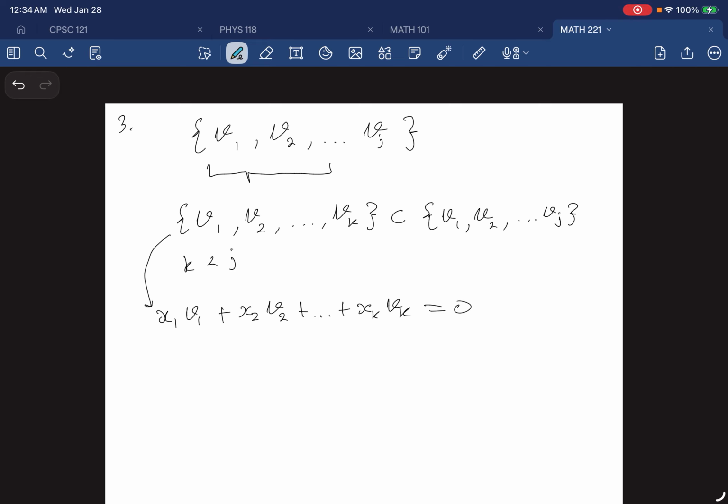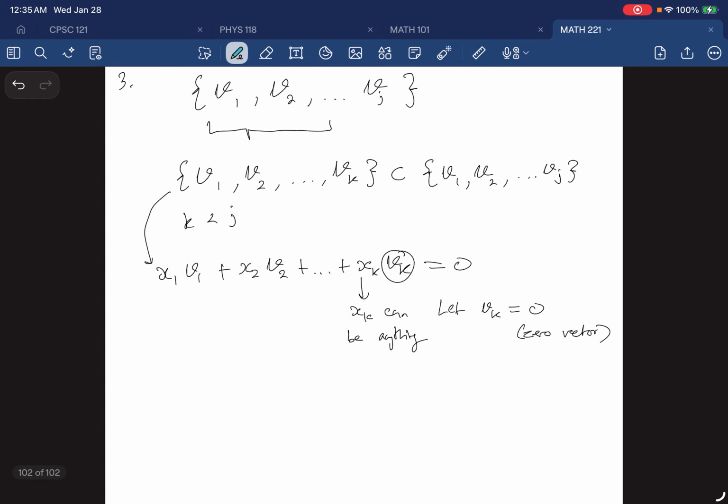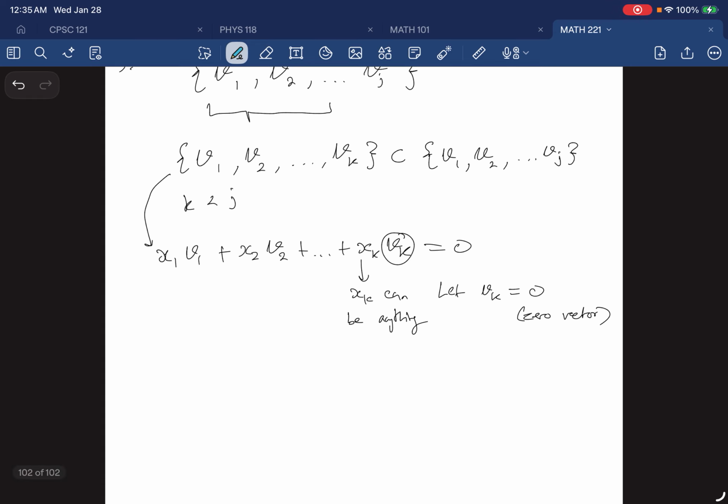But the only way that they'd be able to satisfy this equation is if one of the vectors is a 0 vector. So let vk be equal to the 0 vector. Right? So now, if vk is a 0 vector, then xk can be anything, right? It's the same proof as number 1.